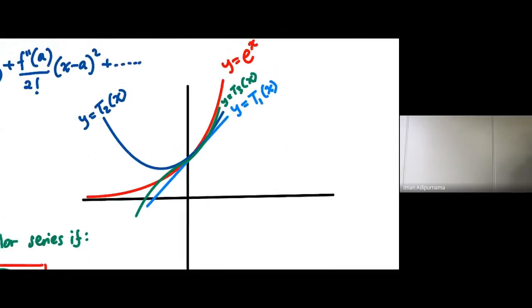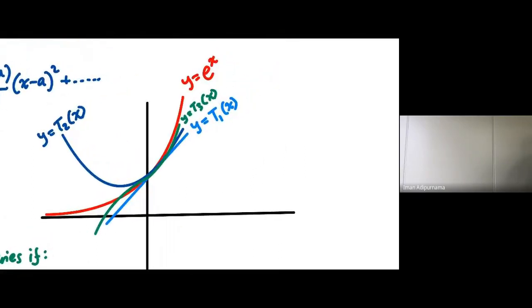Okay. So from what we have drawn here, you can check also with a graph calculator if you want. T1 and then T2, T3. If you increase the order of n, you will see it getting closer. That's what this limit means.